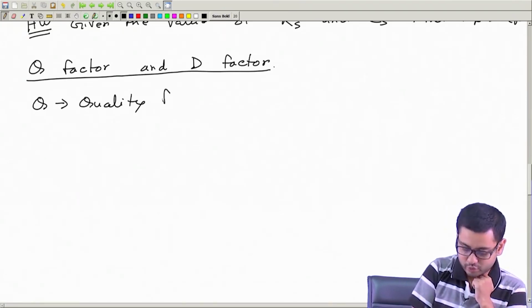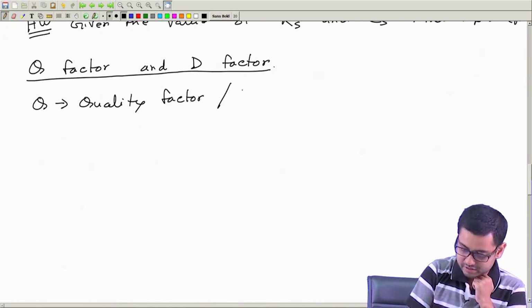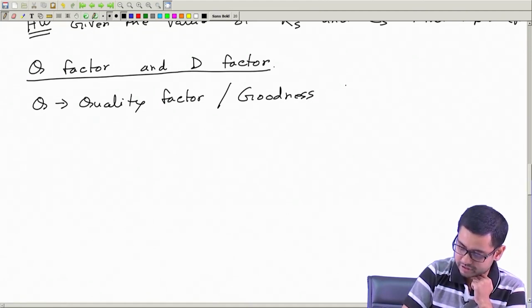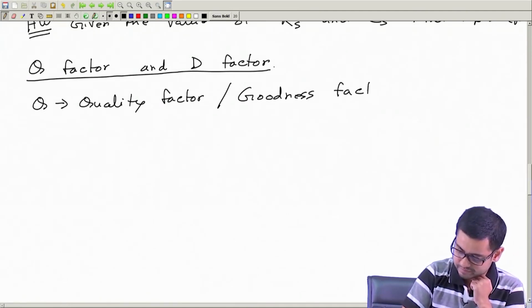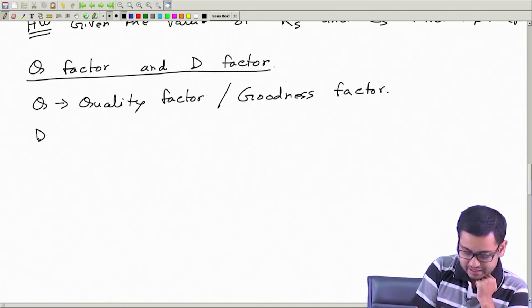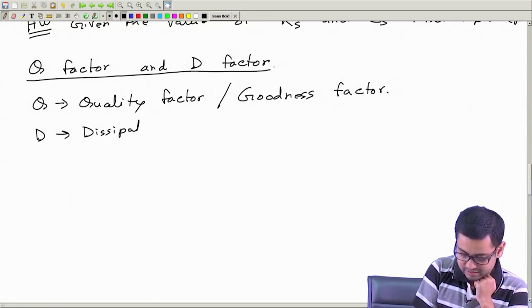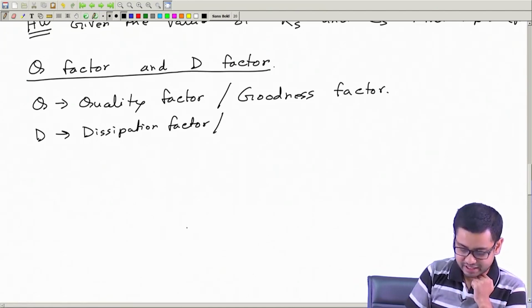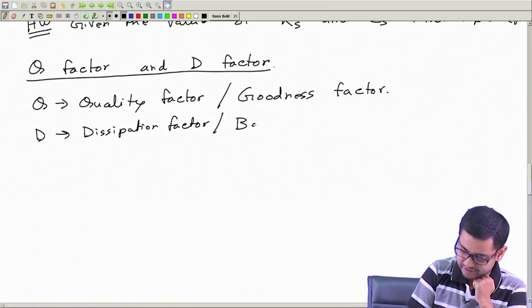So this is like a quality factor, or I often call it a goodness factor. It is a measure of goodness, how good something is. And D stands for dissipation factor. I often call it the degradation factor or a badness factor.